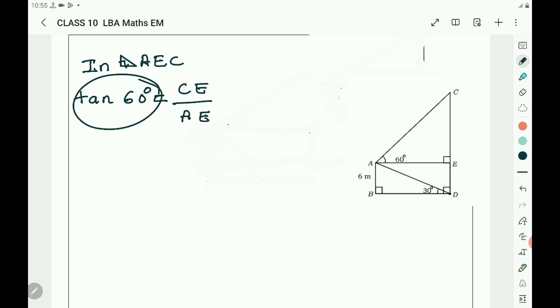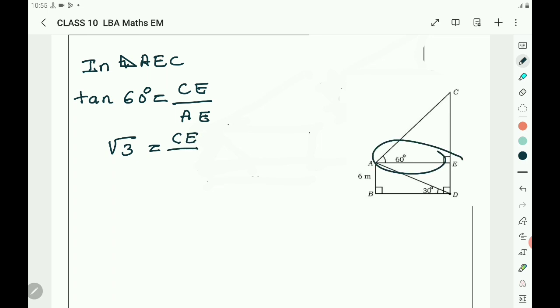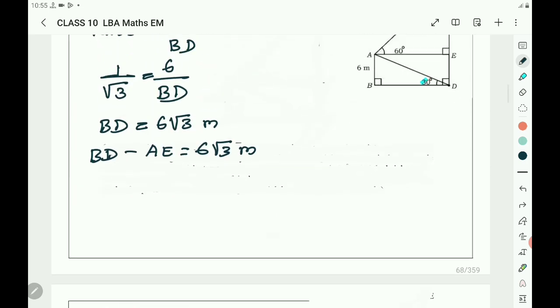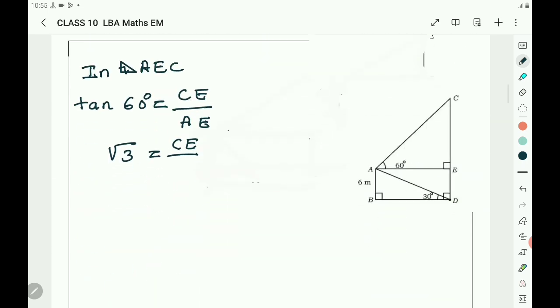Tan 60 is root 3, equals CE, which is to be found out. AE you got, A is equals to 6 root 3 meter.